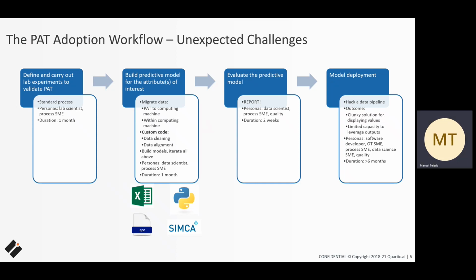So typically you may start in Excel, you may leverage Python for some data cleaning, preparation, merging your offline data with the spectral data. And then you might go to something like Simca to build your PLS or OPLS model. There's custom code, so you've got to clean the data, align the data. And then in the model, you're not doing this once, you're iterating on all of these steps.